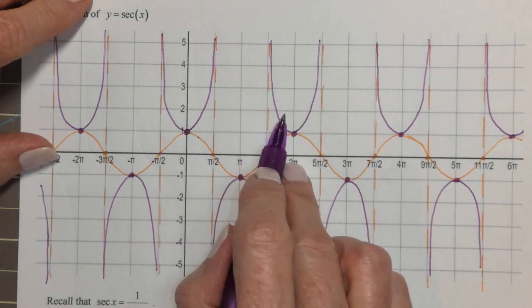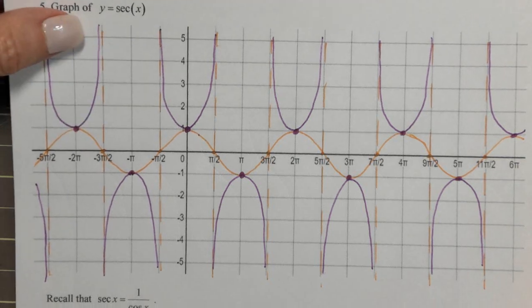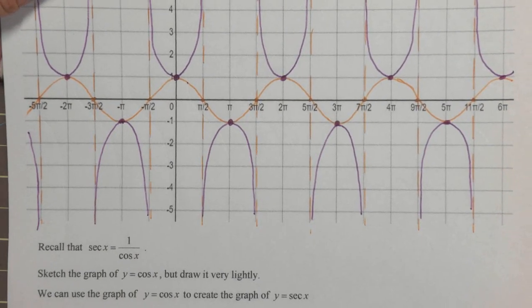What I've drawn in purple here, that is secant. The yellow just helps us know where to put the secant curve.